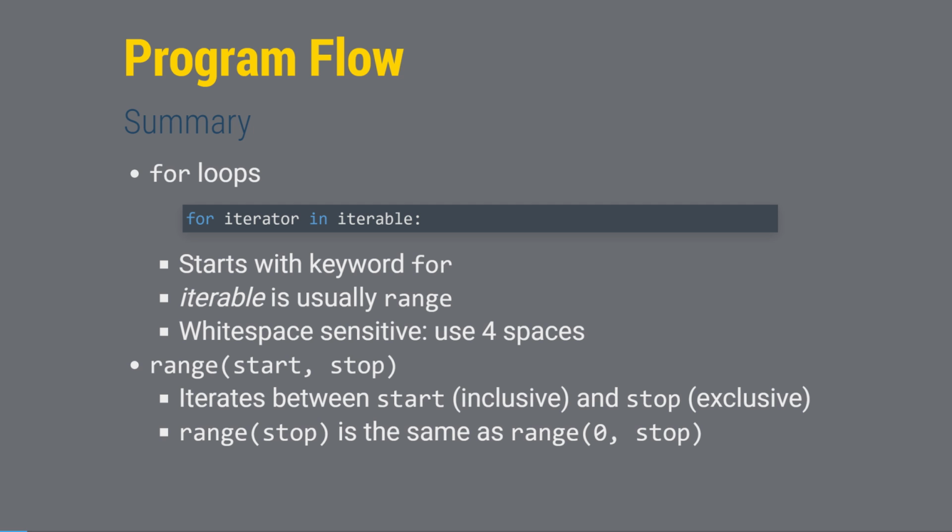It's important to remember that range iterates between start, which is included, and stop, which is excluded. So if you wanted to generate a range that had the values 1 through 10, you would need to use range 1, 11. Finally, it's common to use the syntax range stop, which is equivalent to the syntax range 0, stop.